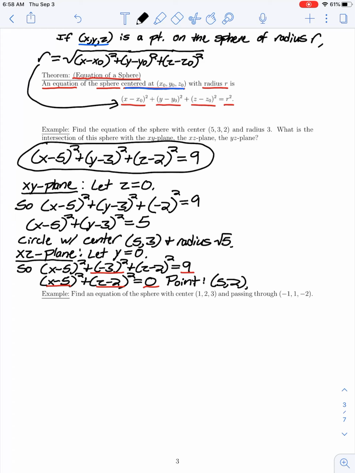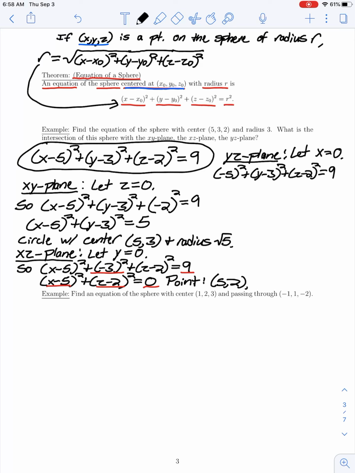And for the last part of this question, we're asked about the intersection of our sphere with the yz plane. So to find that intersection, we're going to let our x-coordinate equal 0, since for every point in the yz plane, x must be 0. And we have (-5)² + (y - 3)² + (z - 2)² = 9.